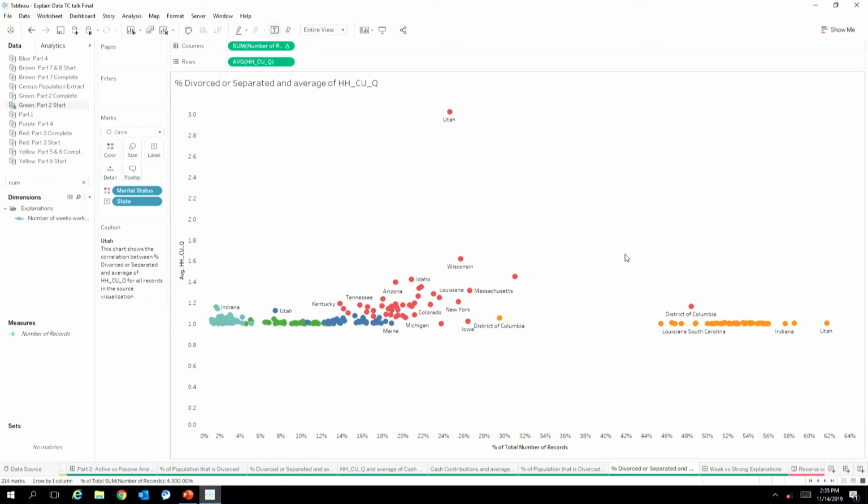So in this process of exploring this data and trying to explain what's happening in Utah, I've also now discovered that DC is a pretty extreme outlier in terms of this distribution.